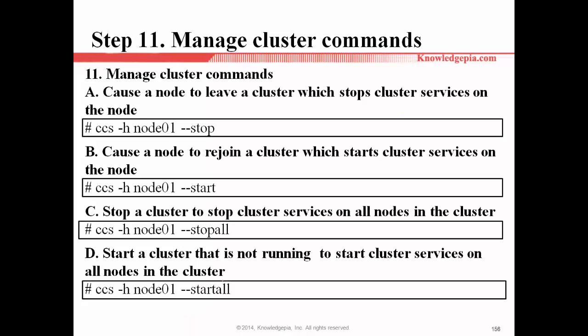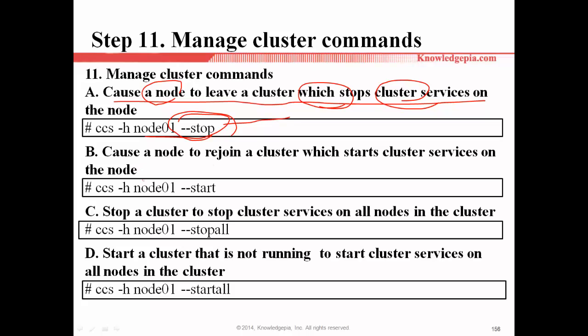Step 11, managing the cluster command here. First one, ccs -h node1 stop. Stop means cause the node to leave the cluster, which stops the cluster service on the node. So on the cluster node, the specific cluster service stops. In this case, if we use this command, then the specific node will leave this cluster.